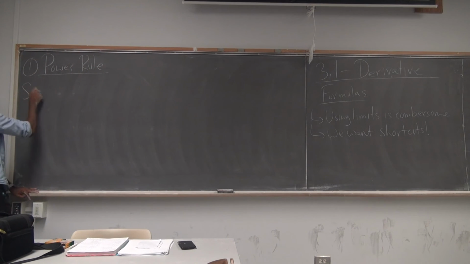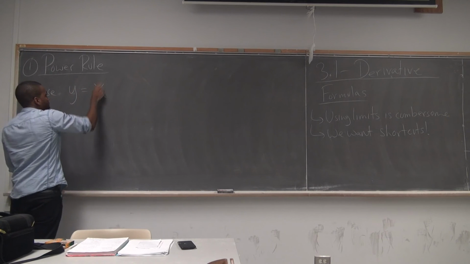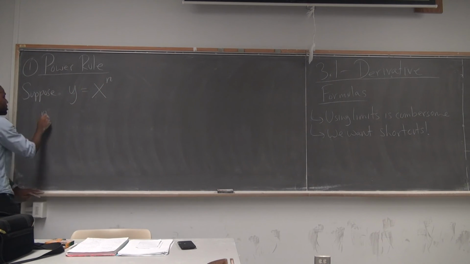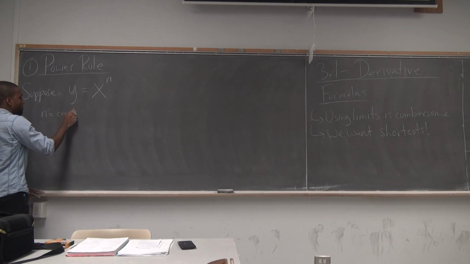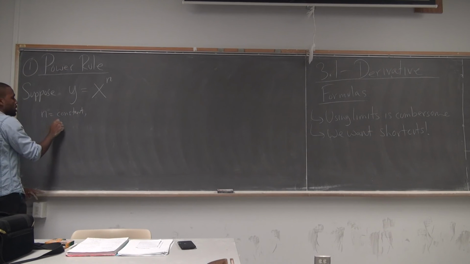So suppose y looks like this, x to the nth power. n is a constant. And let's make it here a non-negative integer.